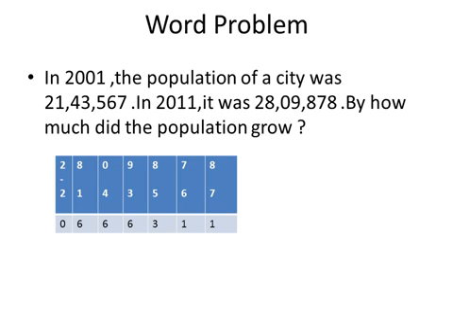I told you there are some keywords about addition like altogether, sum, then, total. Like this, here are also some keywords about subtraction. In this word problem, the question is, how much did the population grow?